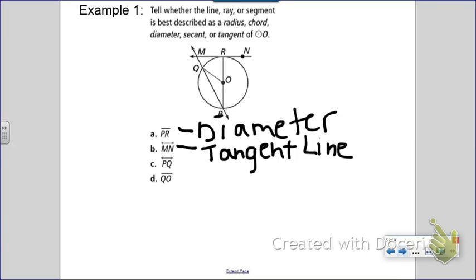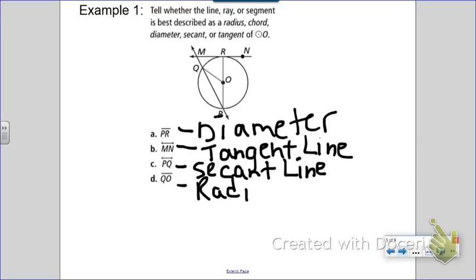Line PQ goes through 2 points that intersect the circle, so that would be a secant line or secant. And QO is a radius. If it's more than one radius, it's radii, R-A-D-I-I.